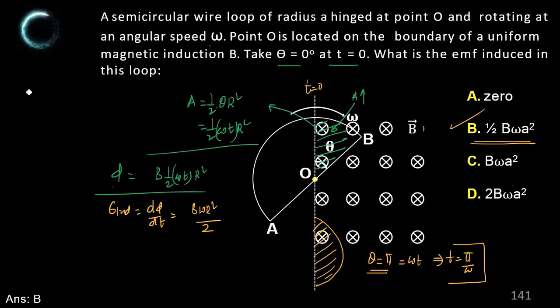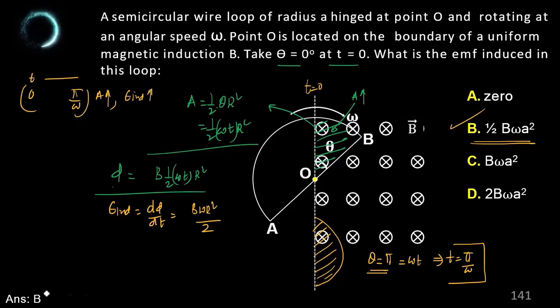So starting from 0 time to pi by omega time, the area is increasing gradually. Once the area is increasing between 0 to pi by omega, can I say that epsilon induced will also increase?